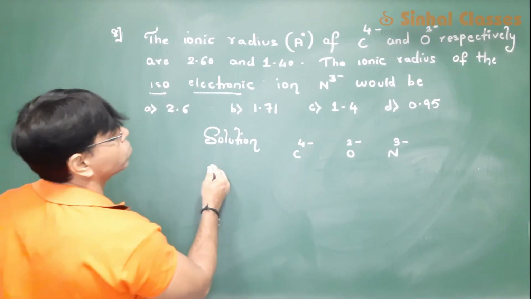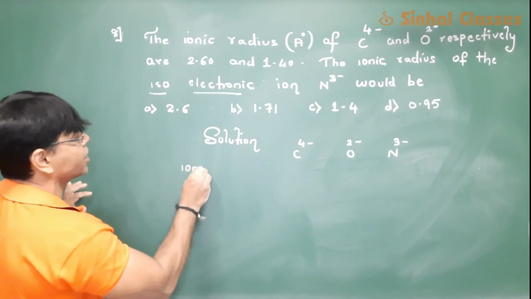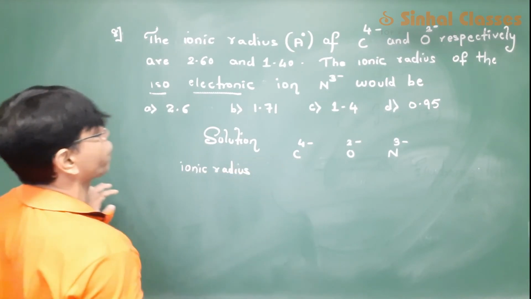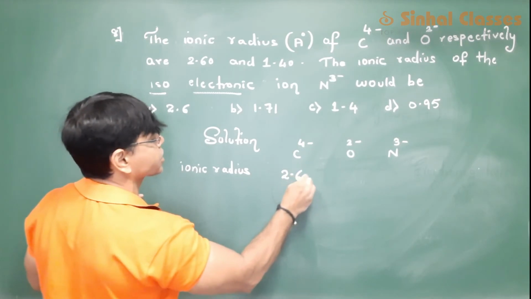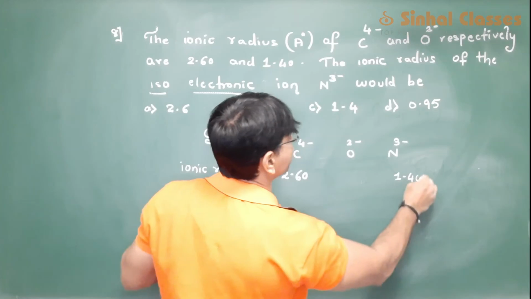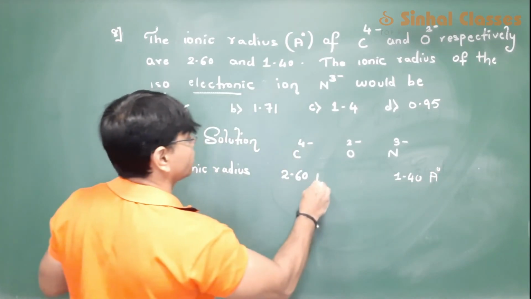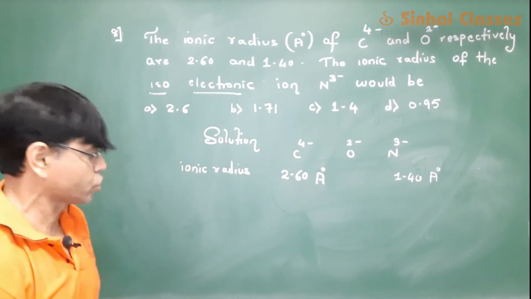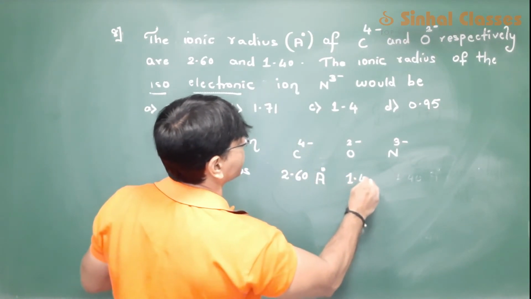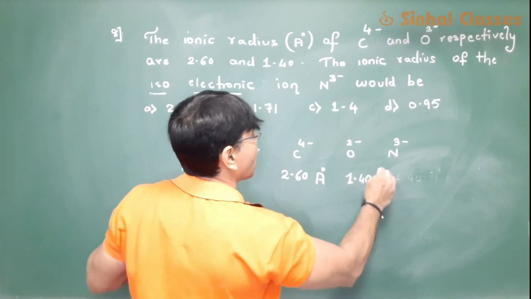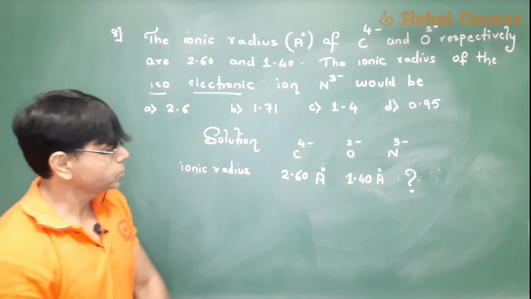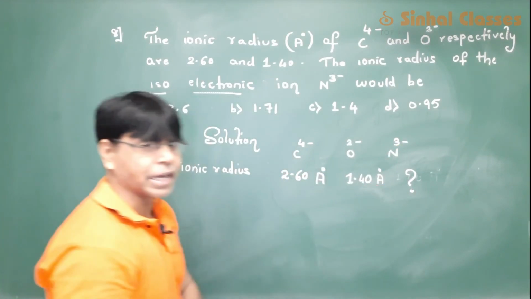They have given you the ionic radius. The ionic radius given for C4 minus is 2.60, whereas for oxygen it is 1.40, and they are asking for N3 minus.